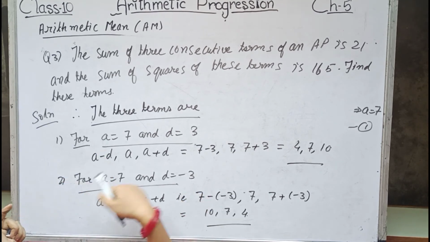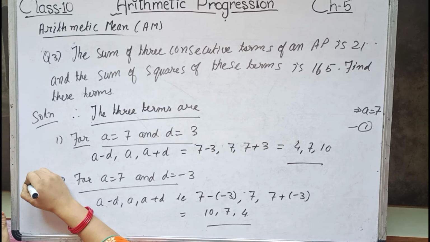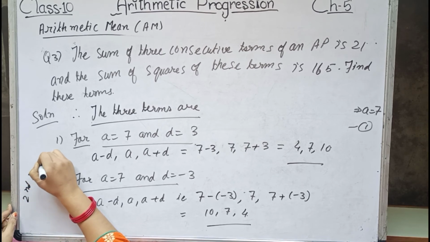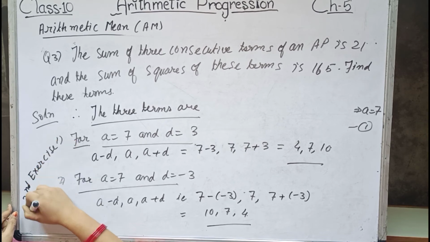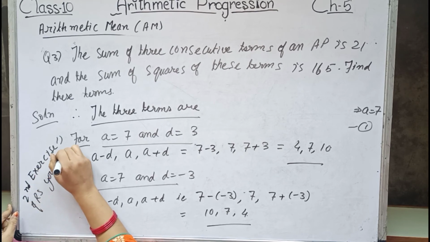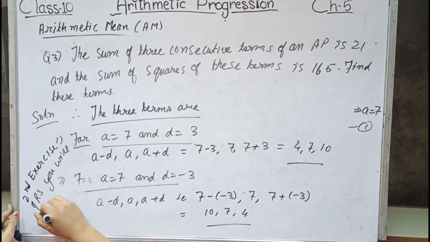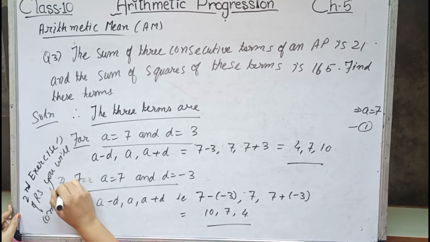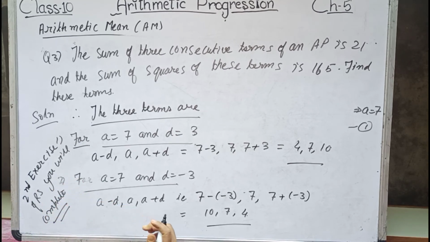So based on this topic, the second exercise of RS you will complete. In my book it is exercise 11B. It may be different in your book, but that's why I have written second exercise of RS of this chapter. You will complete.